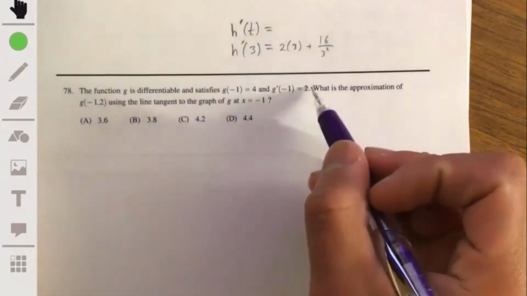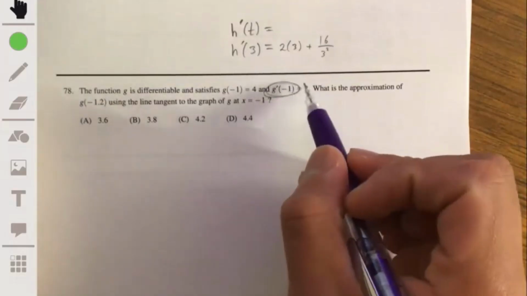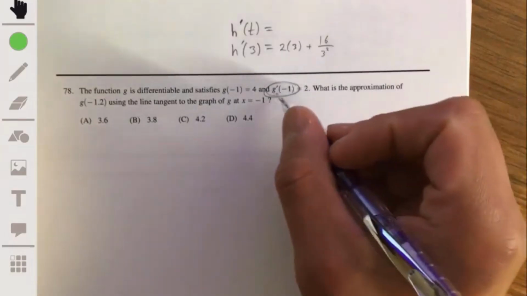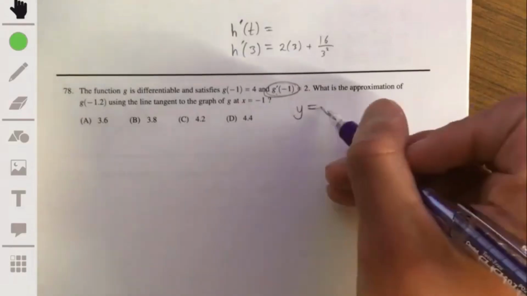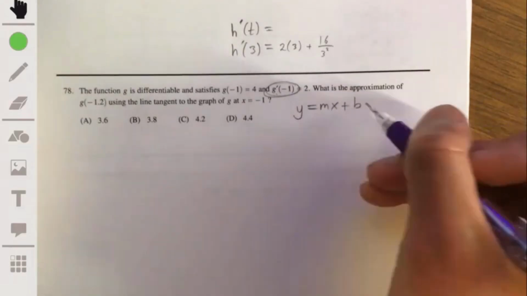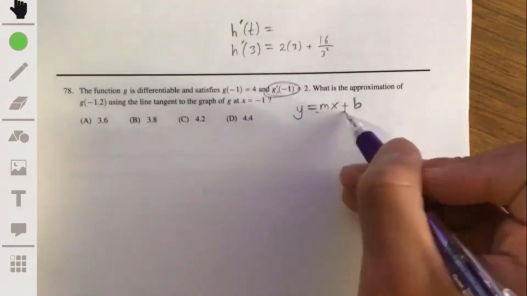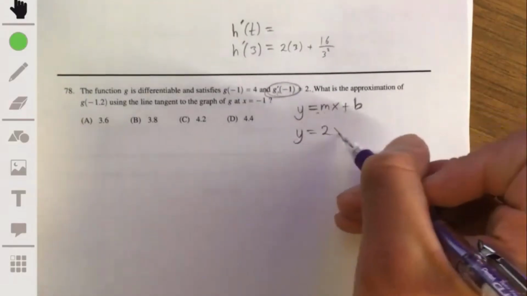So remember, the derivative of a function tells you the slope at that point. So the slope of this tangent line, again, it's a linear equation. So let's first start off with y equals mx plus b. Then the slope of this equation will be 2. So we know so far that y equals 2x plus b.